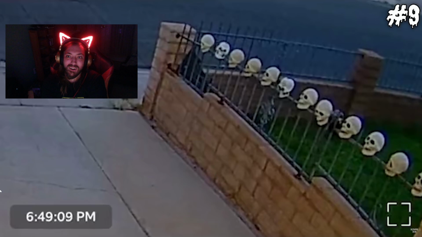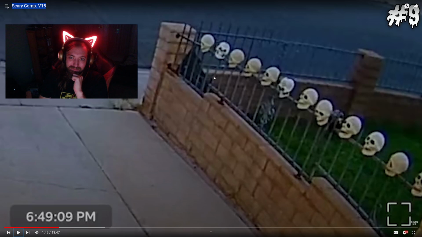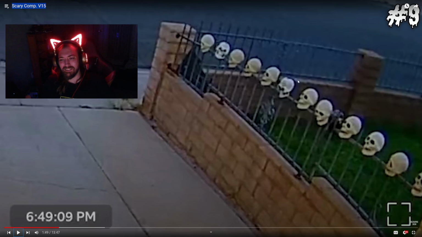As always, what are your thoughts on this? It's one of those spear point fences too, which is a great idea to put the skulls on, or I don't know what the name for this type of fence is, but you know what I'm talking about.